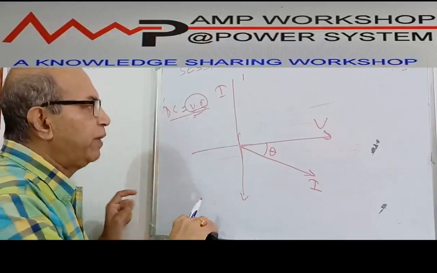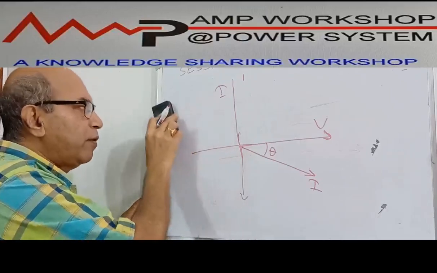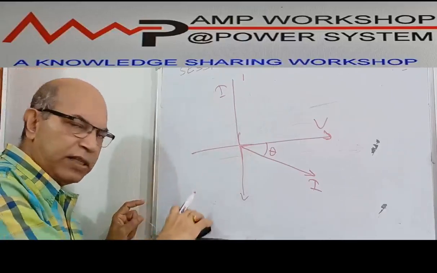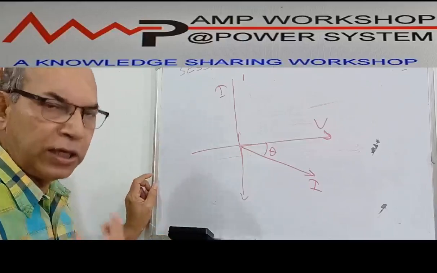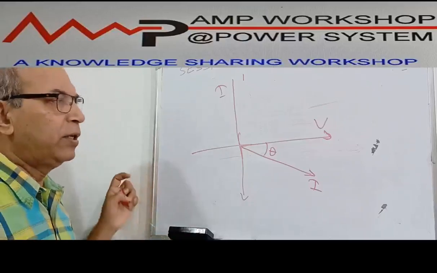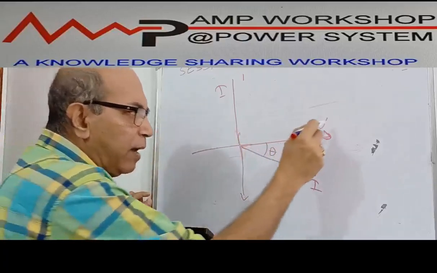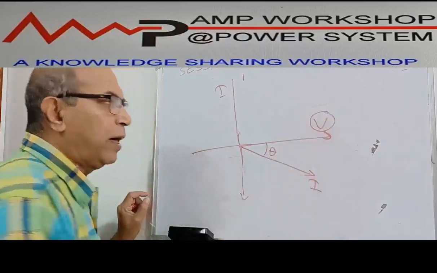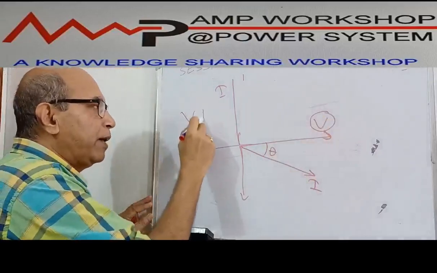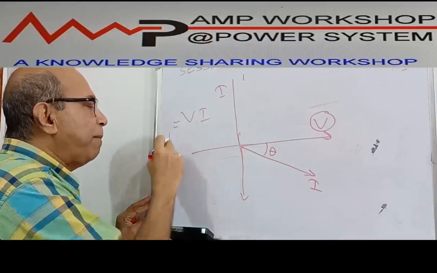But in case of an AC inductive combination, inductive resistive or capacitive resistive, or the combination of all three, in that type of circuit, when we multiply actual voltage and actual current, we get a volt ampere, and that VI we call apparent power.